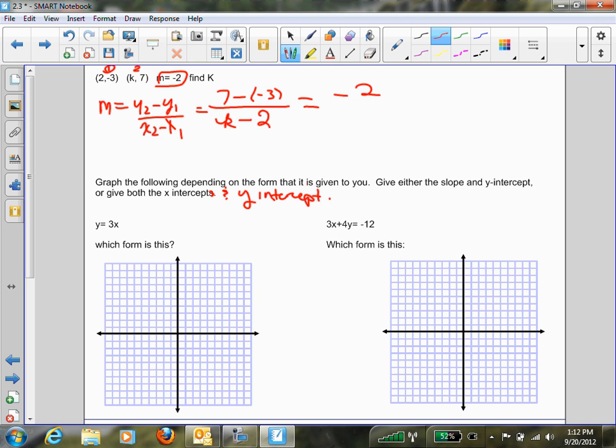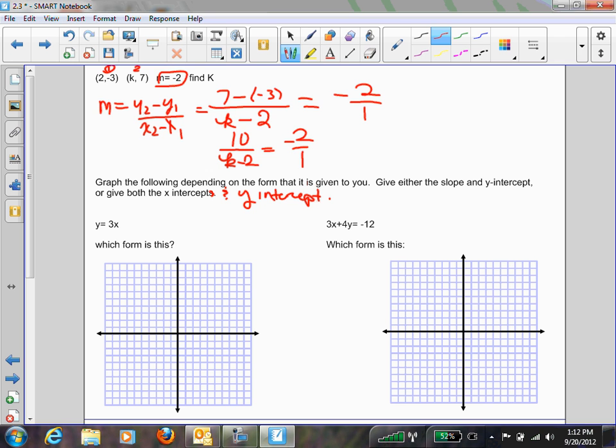Negative 2. Let's make this fraction equals fraction, so let's put that negative 2 over 1. Does that make sense? So what is the numerator going to simplify down to? So 10 over k minus 2 equals negative 2 over 1. Okay, think back to your test. What do you think you would do in this problem at this point? Julia? Or Riley?